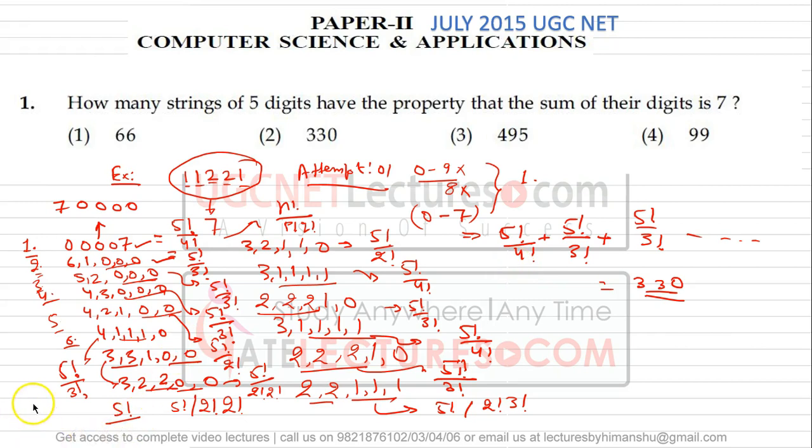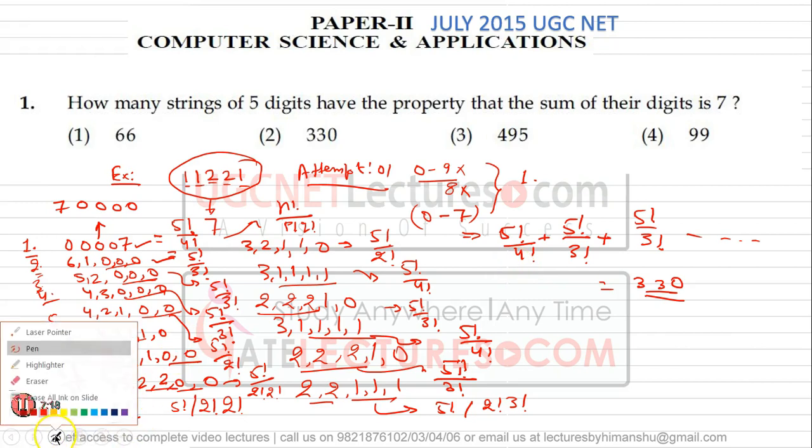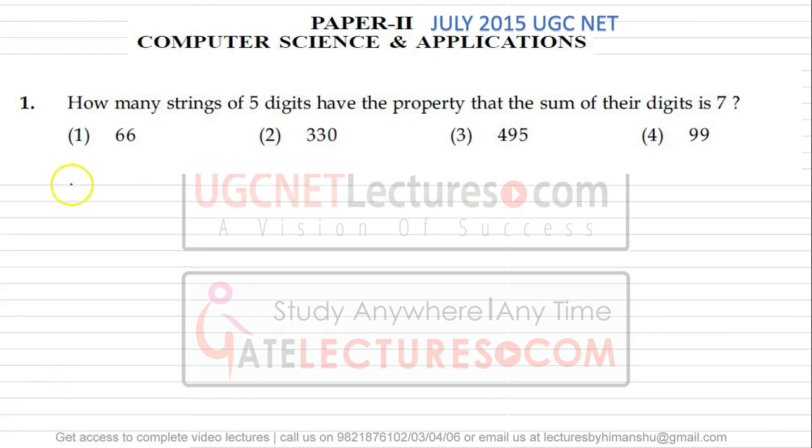Or we can use a second approach. The second approach will be, if you know probability very well, you know counting, permutation, combination very well, then you will simply say the required number of strings is... This is the standard problem of finding the number of ways in which we can arrange n identical balls into k boxes.